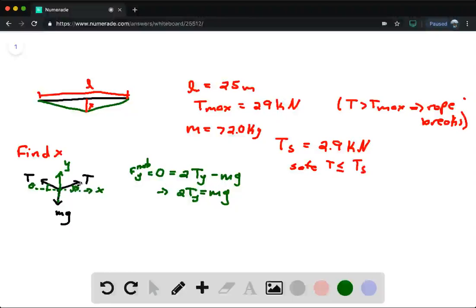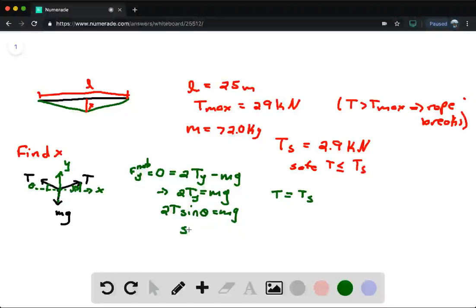Whatever that angle is, the y component comes from the hypotenuse T times the sine of this angle, so T sine theta is equal to mg. We're considering the case when the maximum distance for x is to be safe, which is when T equals TS.